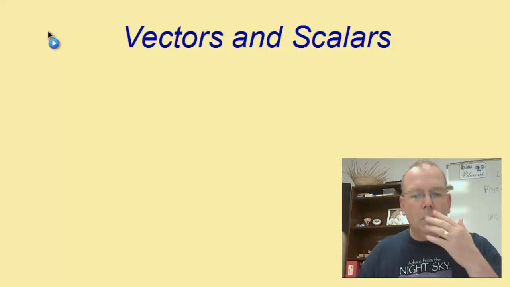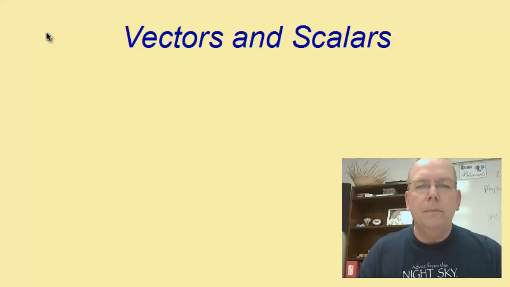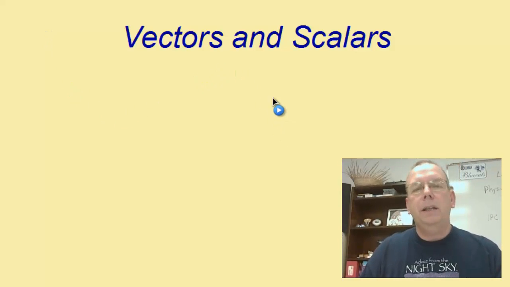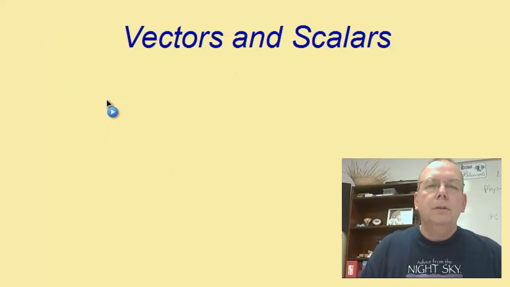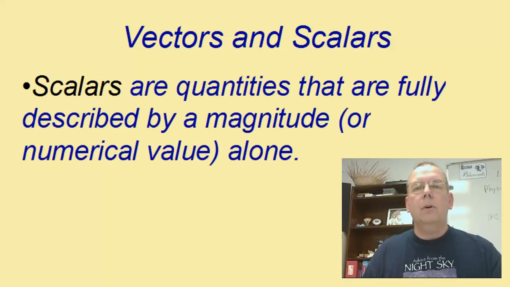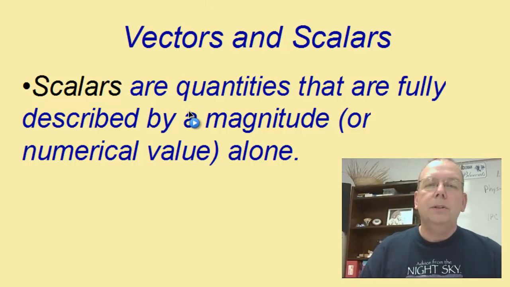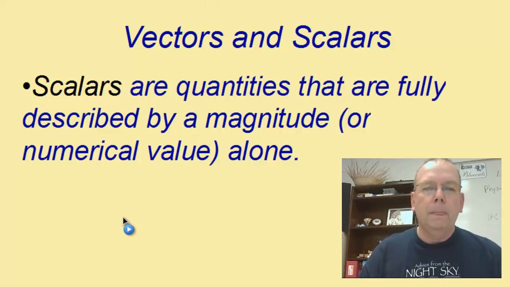And the mathematical quantities that are used to describe motion can be divided into these two categories. So jumping right into it, let's see what those are. Scalars are quantities that are fully described by magnitude, or another way to say that is there's just a numerical value by itself. So a scalar is just a number.